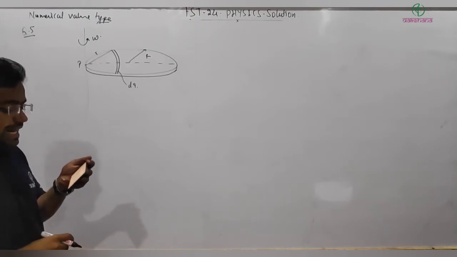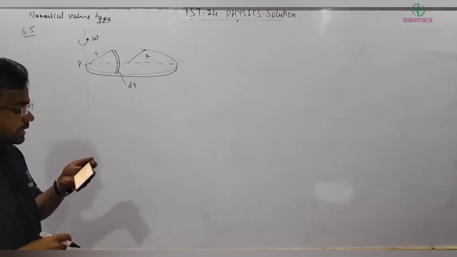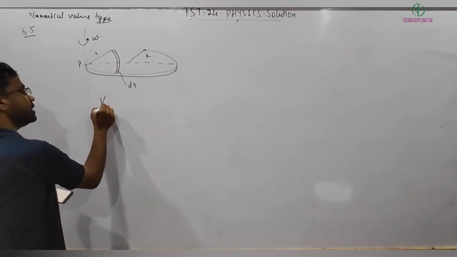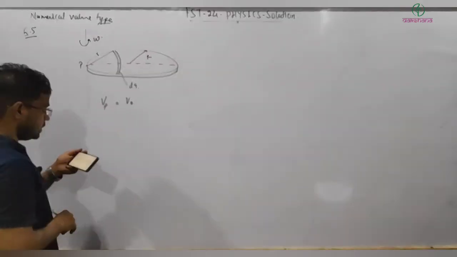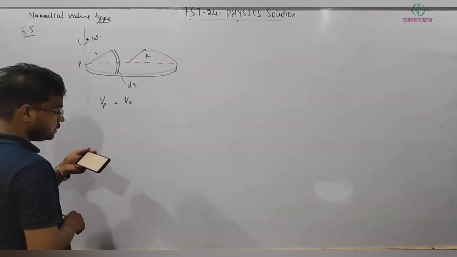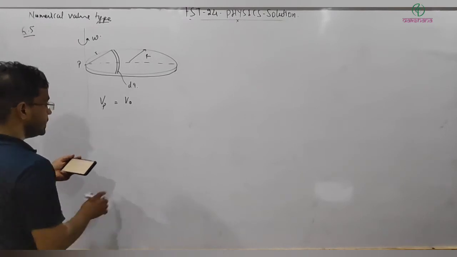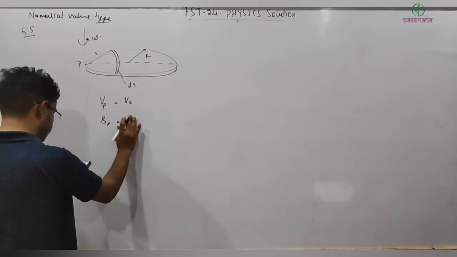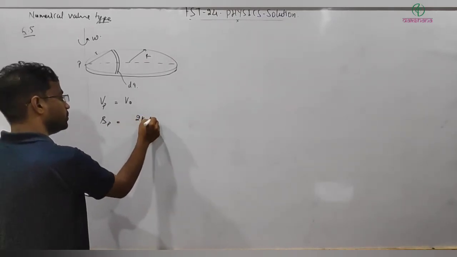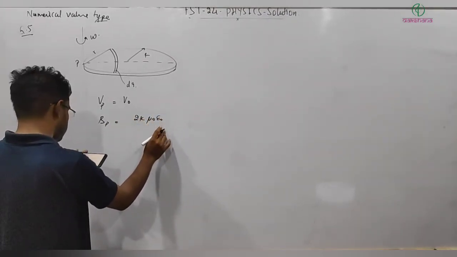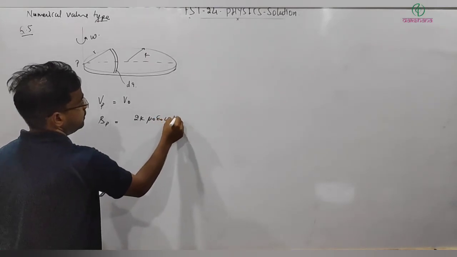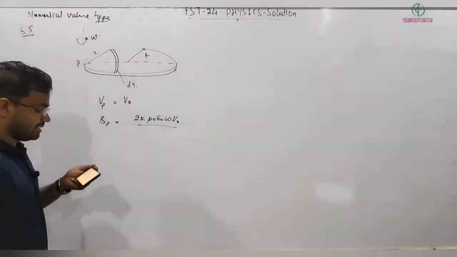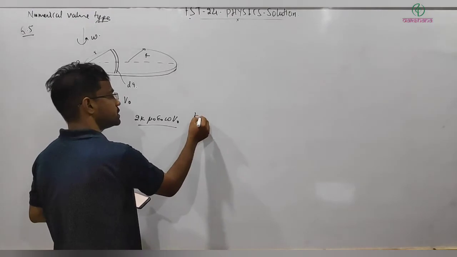The electrostatic potential at point P due to the charge on the disc is given as V naught, and the magnetic field at point P due to the moving charge upon rotation is B at point P given as 2K mu naught epsilon naught omega multiplied by V naught. We are asked to find the value of K. So this is the question.